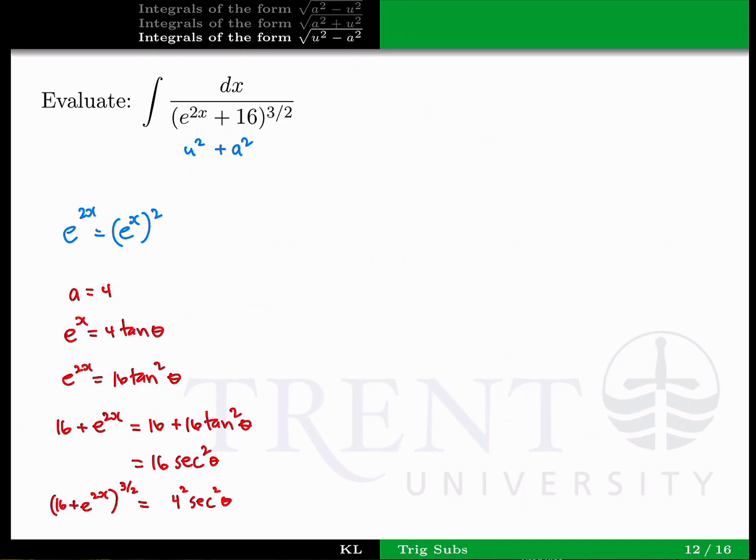And then we still have secant squared theta, and you raise this to 3 halves, and notice that the power 2 will cancel the power half. So if you simplify this, you will have 4 cubed secant cube theta.